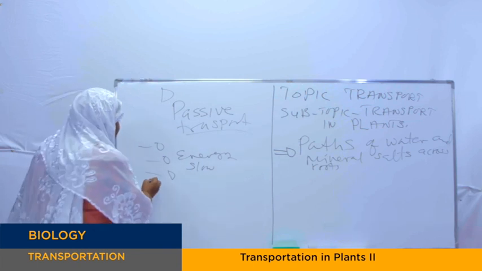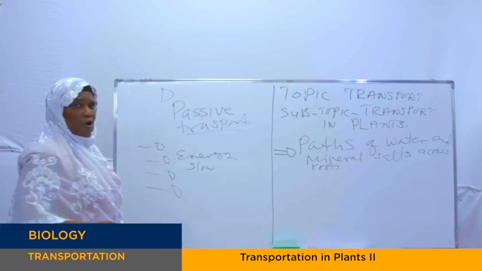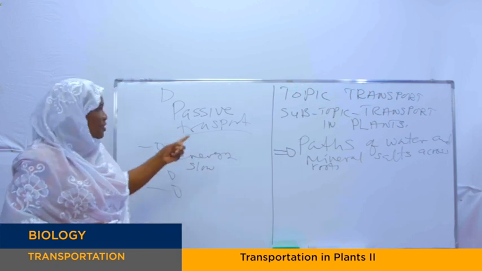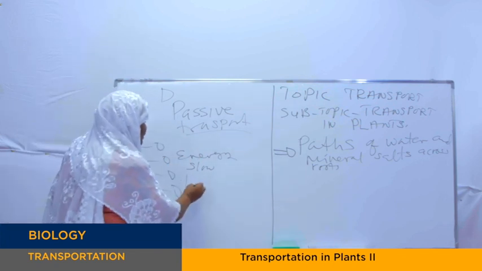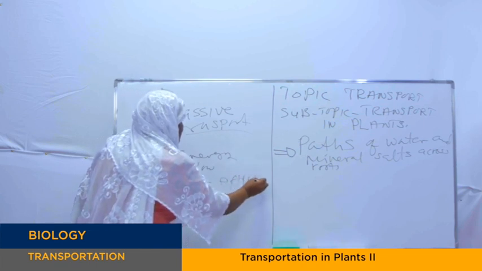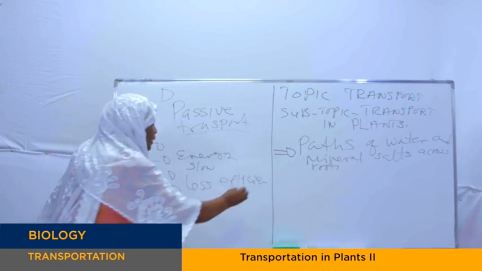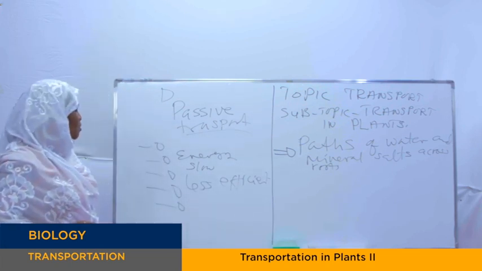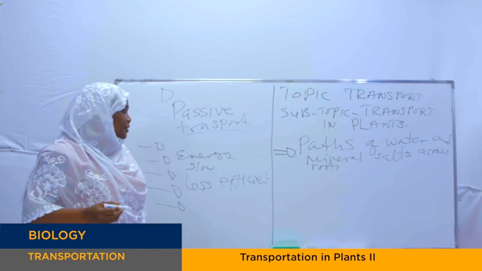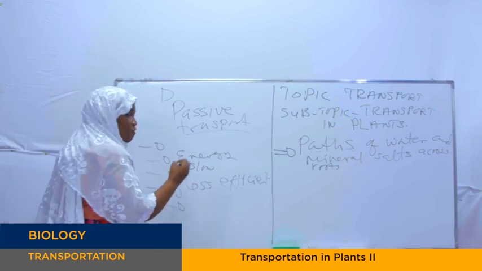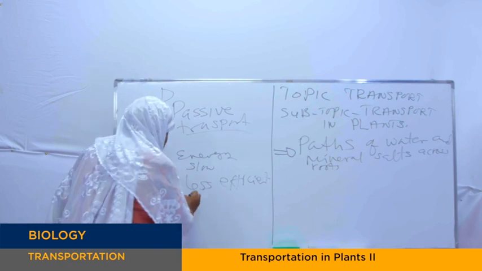And when we compare its efficiency with the active, this one is less efficient. And point number 4 is that movement is by direction.